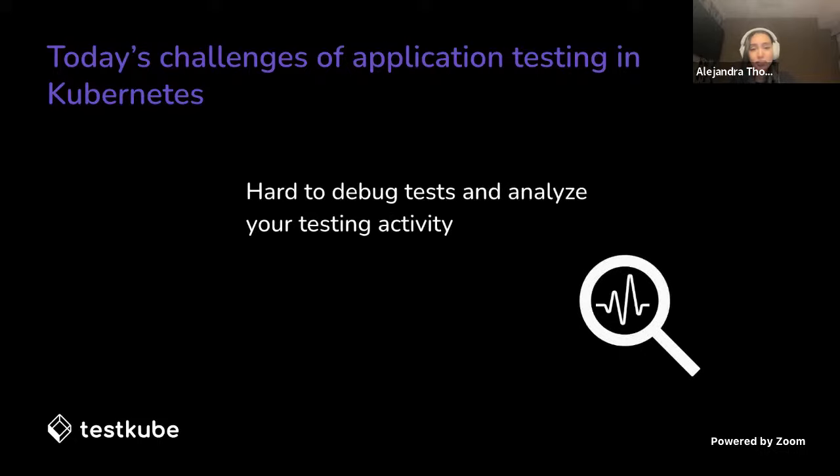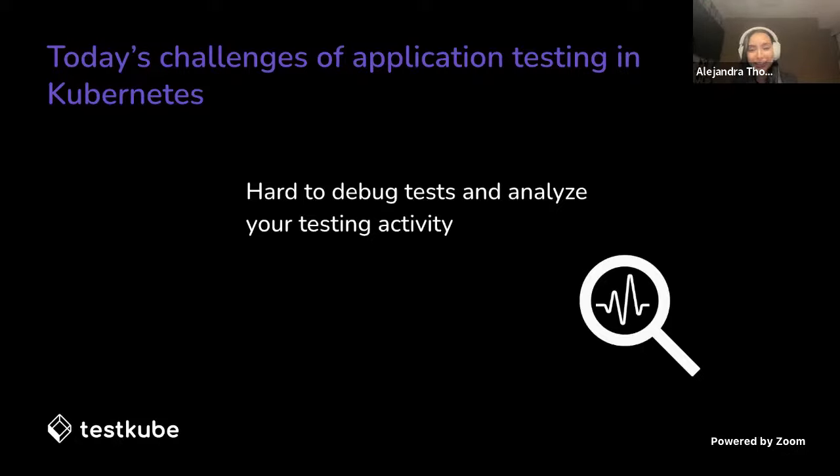Another challenge is that with your applications deployed in Kubernetes, it becomes hard to debug and analyze your test results. You have all these types of tests that are coexisting, and you need to allocate a place for your test results, which becomes very complicated when using different tools. Why?